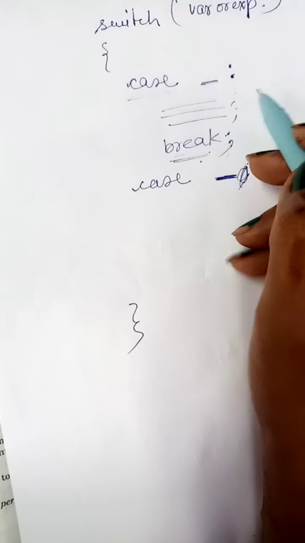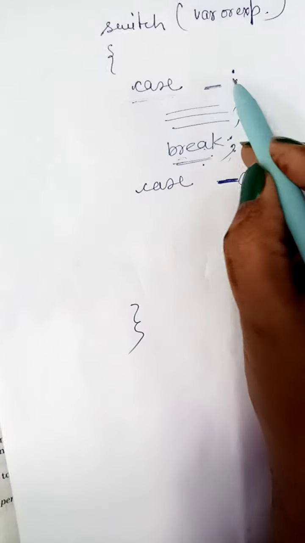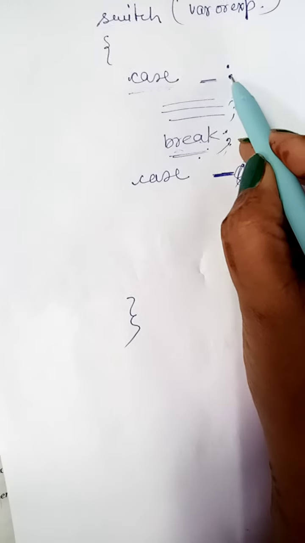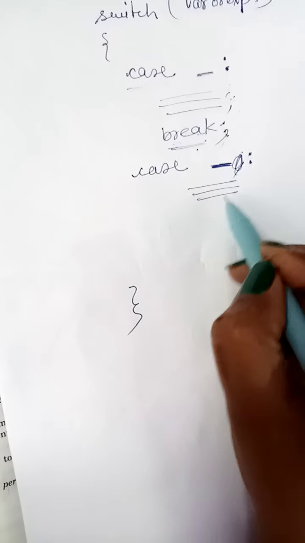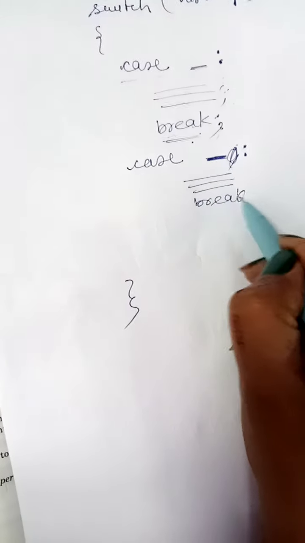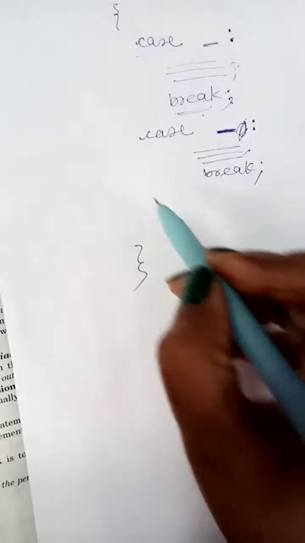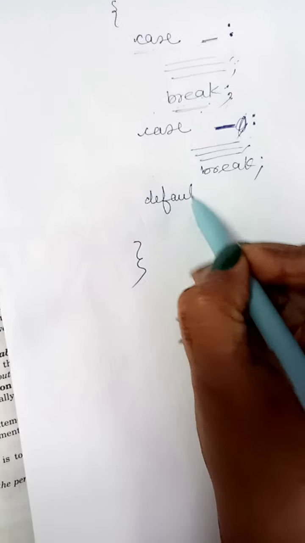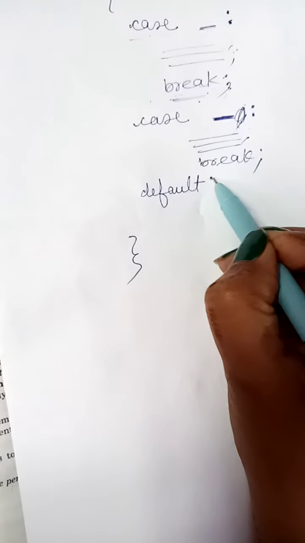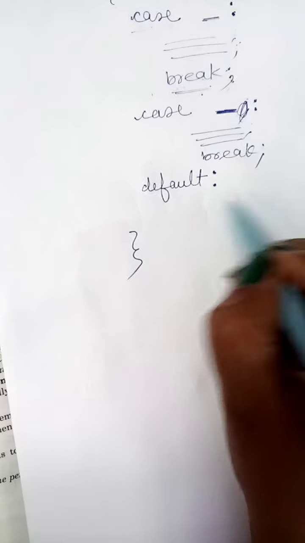After executable statements and break, you use a semicolon. After case, you use a colon. So you write the different cases, and after all the cases, you write the default statement. After default also there will be a colon, and there will be no break within default.